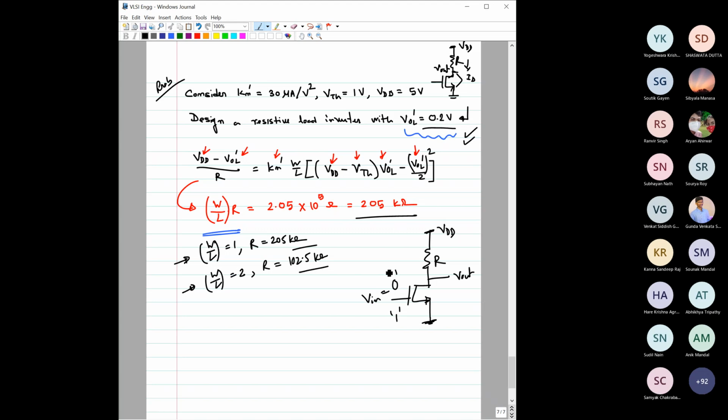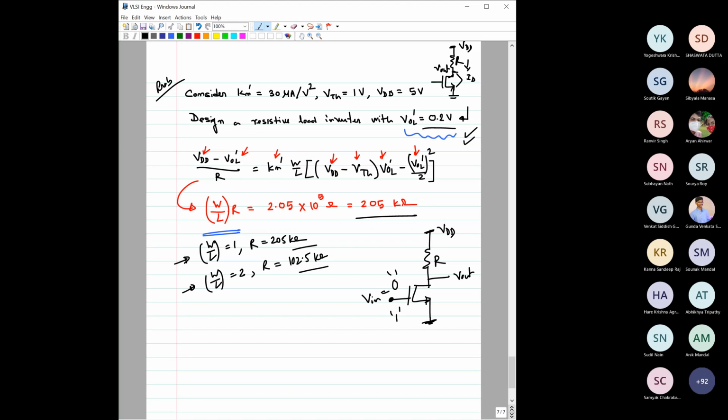As mentioned here, you might think that this inverter's input is coming from another inverter, which can supply not exactly 0 volt but a minimum voltage of 0.2 volt. So it can be either 0 or 0.2.